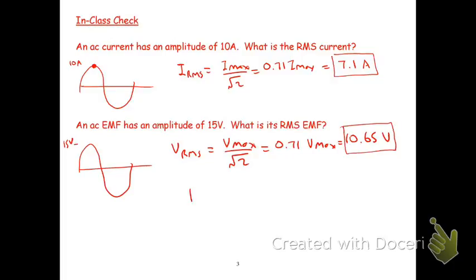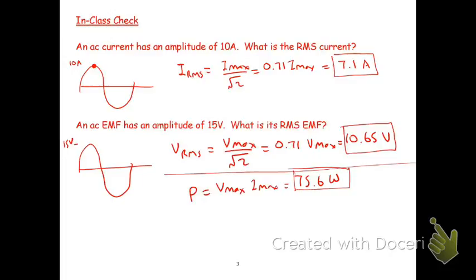If you want to know the power, it is equal to V_RMS times I_RMS, which would be 7.1 times 10.65 equals 75.6 watts, which is 75.6 joules every second. Cool. You didn't ask for that, but if I asked you for it, that's how you'd get it.